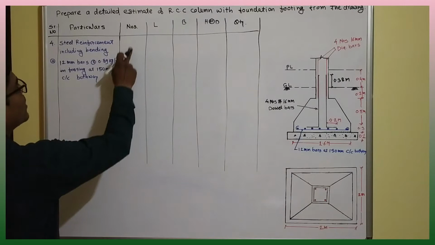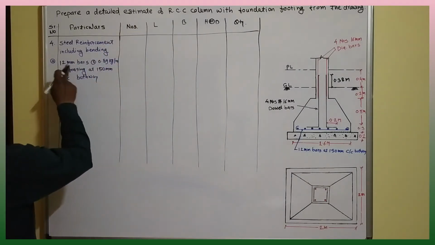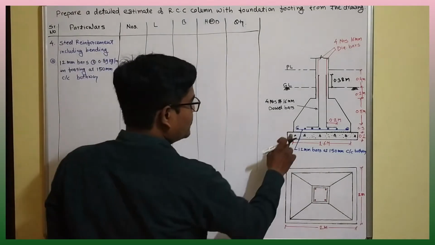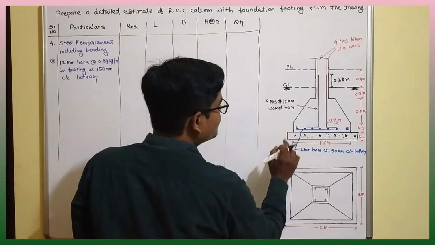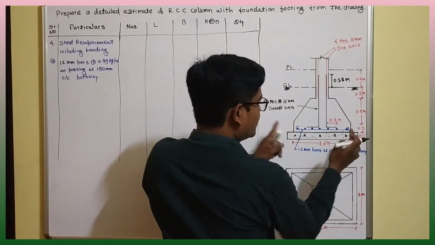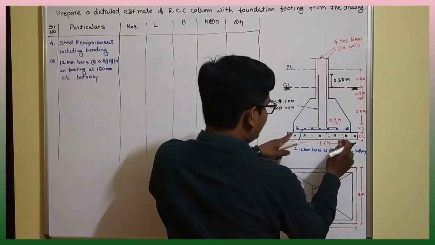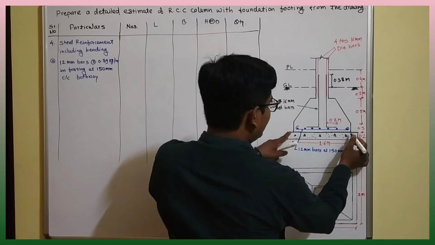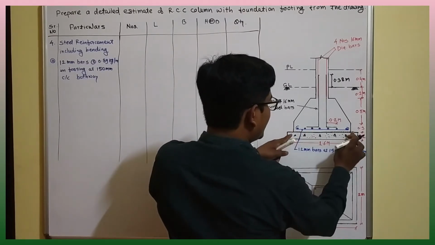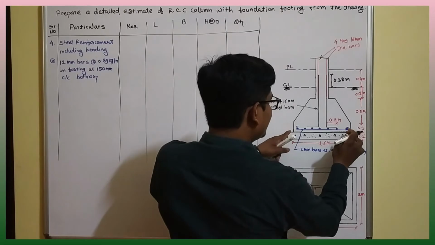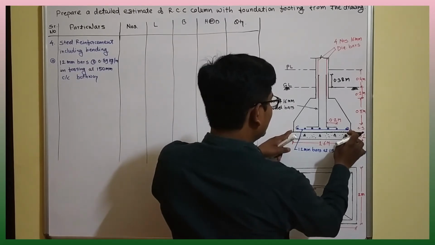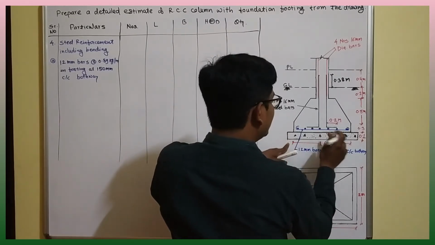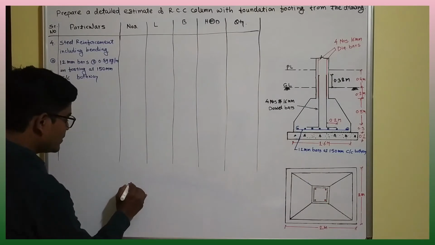Now we have to calculate the numbers of bars of 12 mm both way, that is in x direction and y direction. See, this is the cross section and this is the length in x direction, that is 1.6 meter. We have to calculate the number of bars in x direction and similarly in y direction. So how to find out the number of bars? One formula is there.